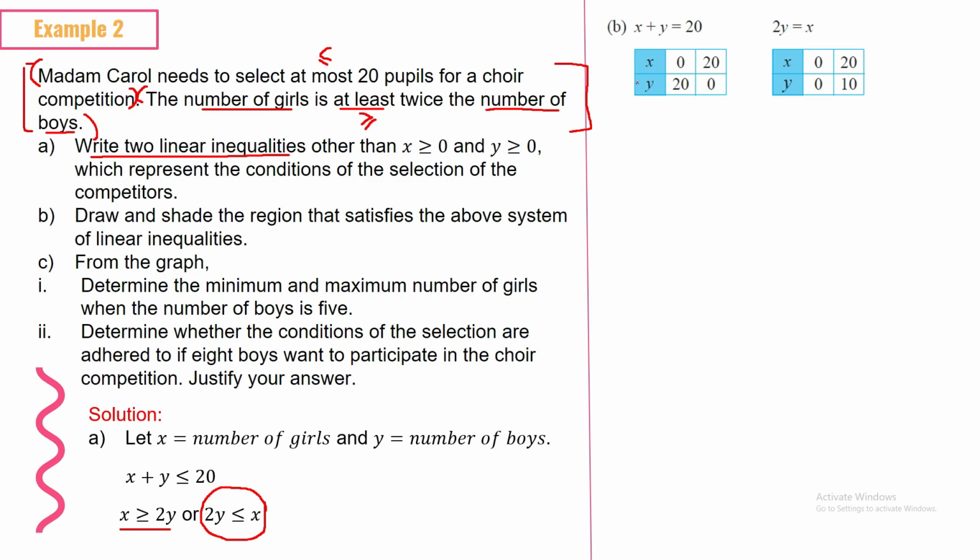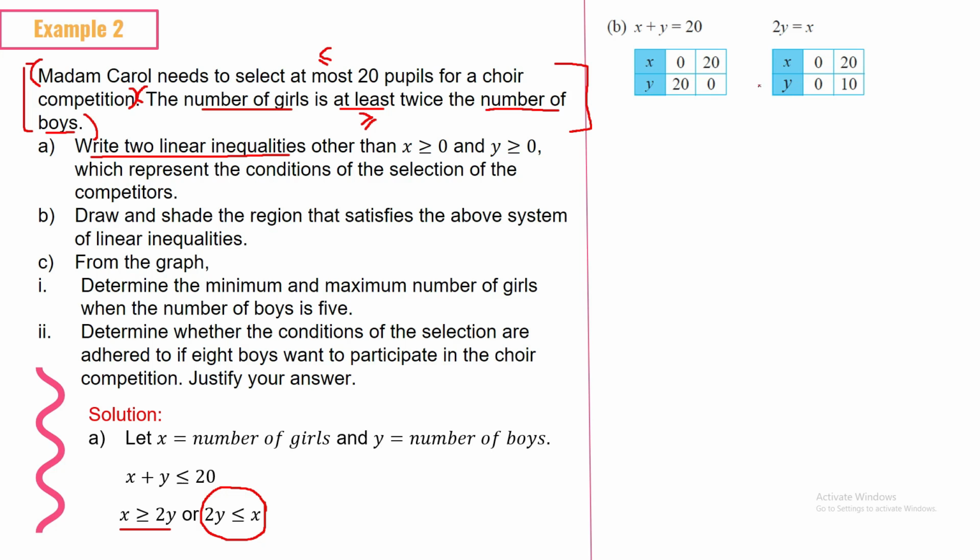This one is for the first linear inequality. So we convert it into this equation, x plus y equal to 20. And then we determine the table of values. If x equal to 0, then y equal to 30. And then if x is equal to 20, then y equal to 0. This is for the first equation.